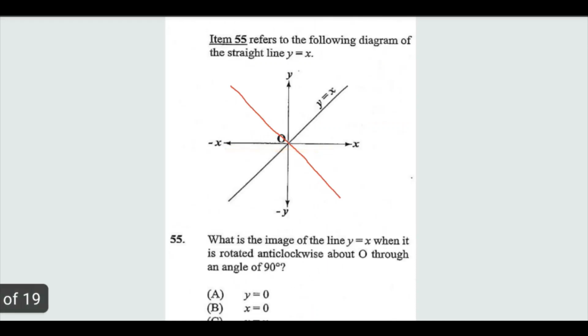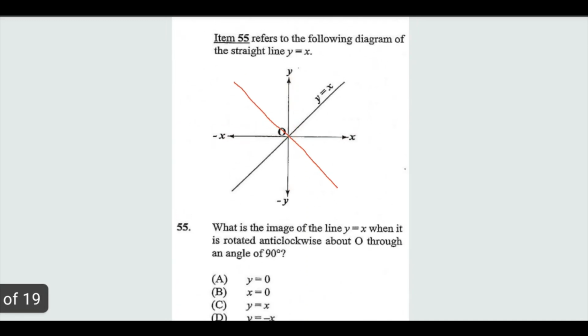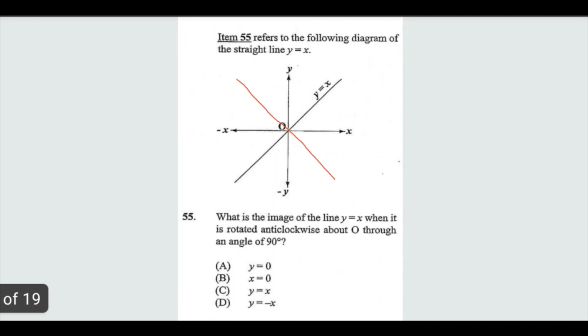X equals 0, that is straight across through the origin. Y equal x, well, that is the line that we got, so the answer is D, right? Y equal negative x, that is this line here.